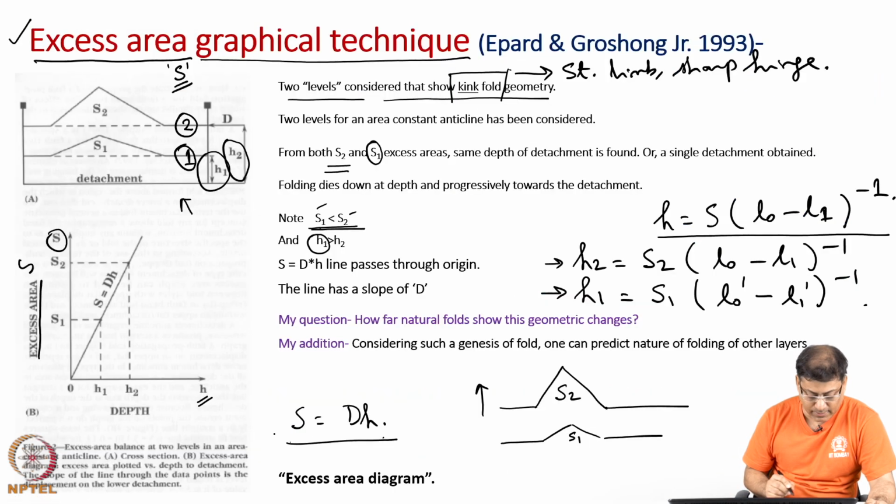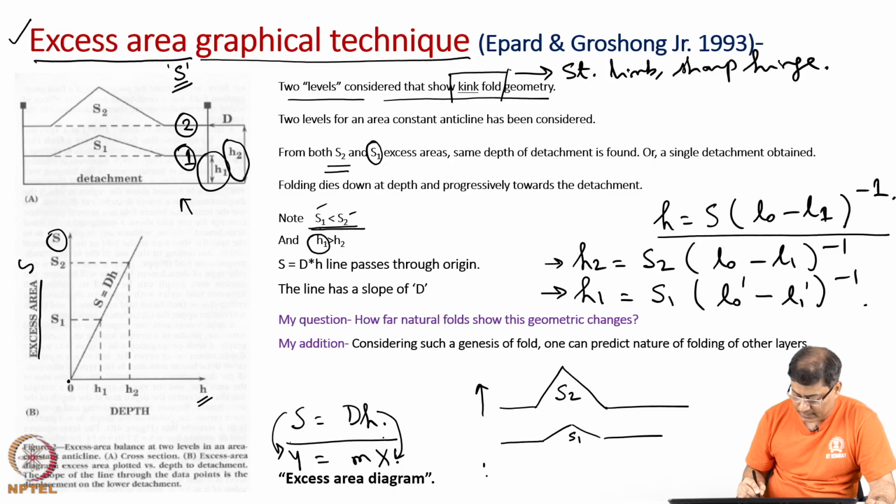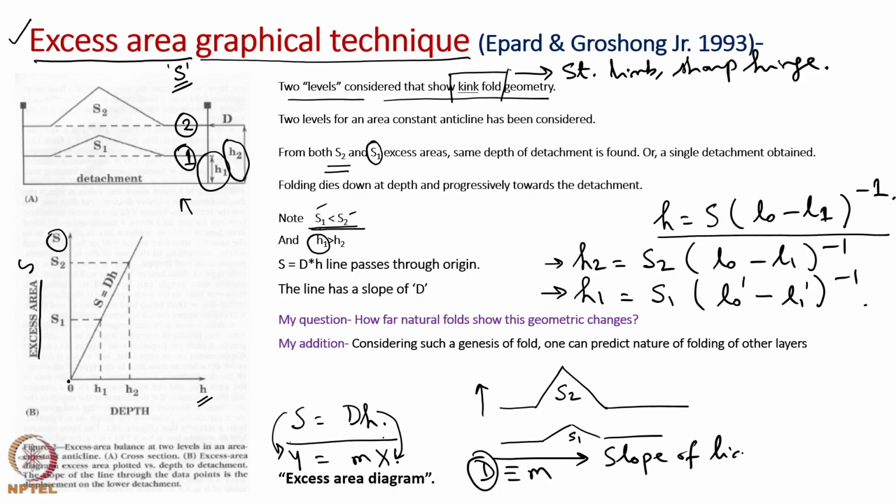S equal to dH is a straight line passing through the origin and is comparable with y equal to mx. So, comparing S with y, h with x, we can say d is equivalent to m. D is called the slope of the line. This means if this angle is theta, theta equal to tan inverse d.